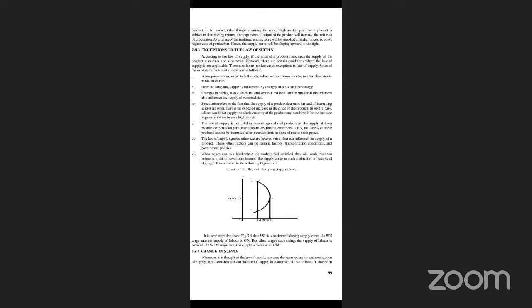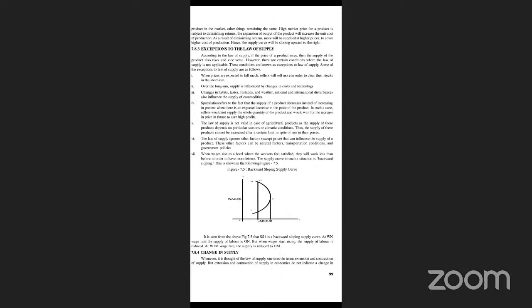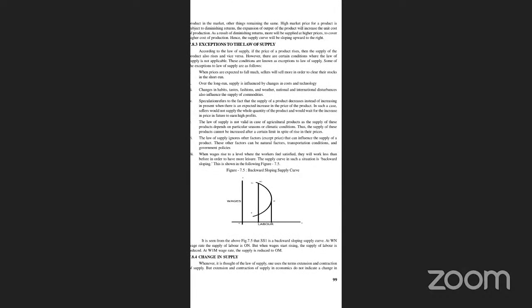And in agricultural products, the supply will depend more on the climate conditions. If the climate conditions are suitable, the supply will be more. And if the climate conditions are not suitable, there may be a decrease in the supply. So it will have an impact.